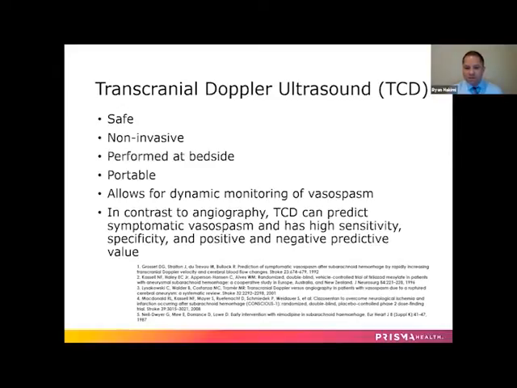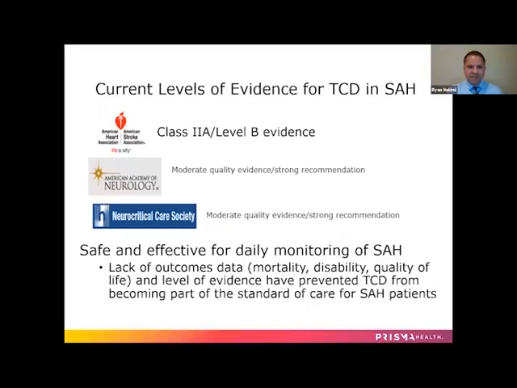We infer that, based on our experience and expertise, by looking at the imaging to judge whether the patient is getting appropriate or inappropriate cerebral blood flow. However, that's where the value of TCD is, because it's a physiologic test. The current levels of evidence from the American Heart Association, the American Academy of Neurology, and our own Neurocritical Care Society tell us that it is safe and effective for daily monitoring of subarachnoid hemorrhage.